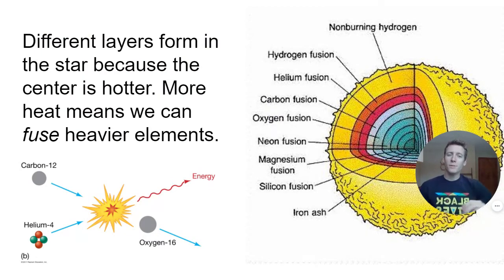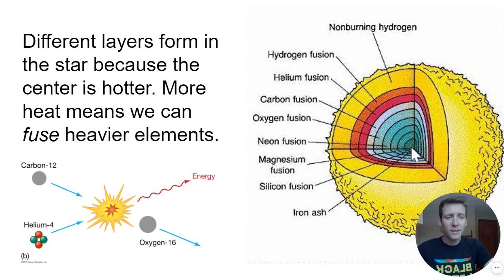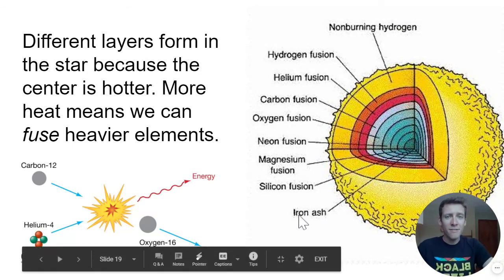A funny thing happens also, which makes total sense in the core of a star. As it turns into a red giant and starts to fuse these heavier elements, based on how dense and heavy those atoms are, we start to get layers in the star based on that density. As you can see in this diagram, in the very center we have the heaviest element that can be made by nuclear fusion in a star, which is iron.